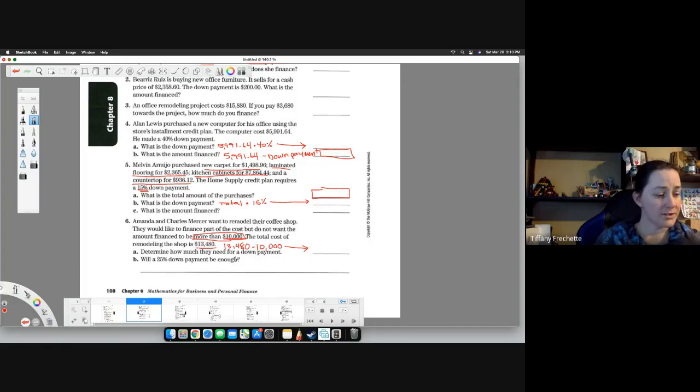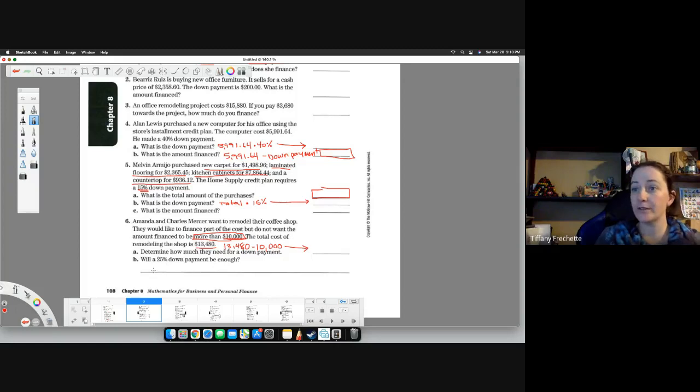All right. So will a 25% down payment be enough? So in this case, let's see, so we know that they're going to need to do this and this down payment. So I want to make sure with this one, you don't want to do it off the 10,000.